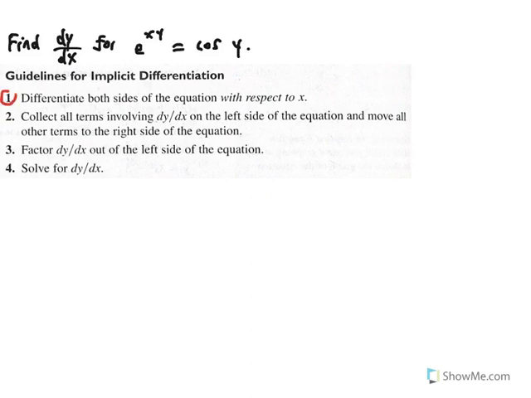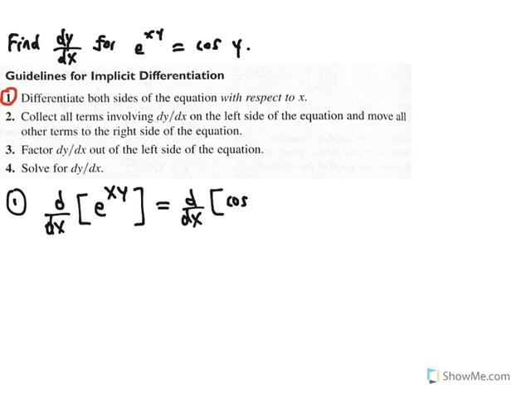We will begin with step 1, differentiate both sides of the equation with respect to x. So we will write the derivative with respect to x of the left side of the equation equal to the derivative with respect to x of the right side of the equation.